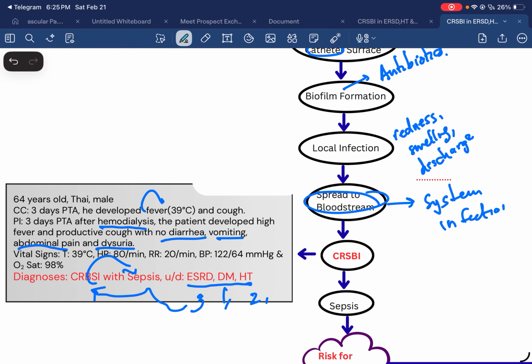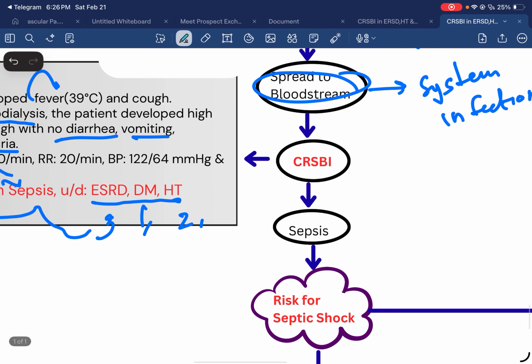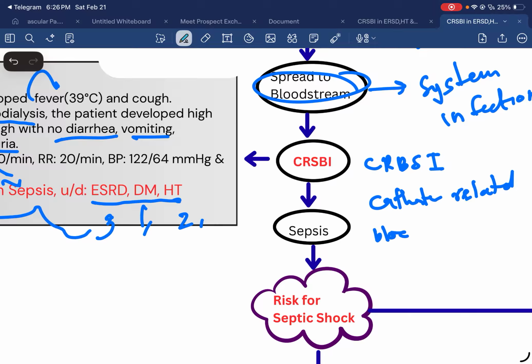and when bacteria spread to the bloodstream, it is called CRBSI, catheter-related bloodstream infection.